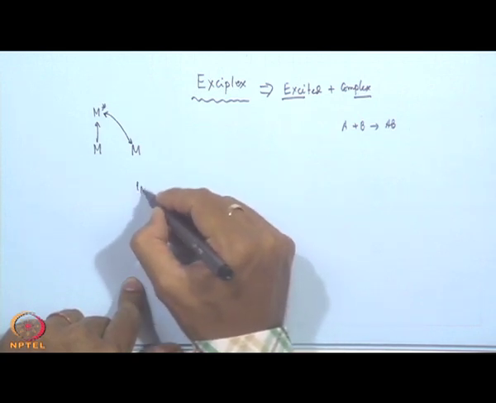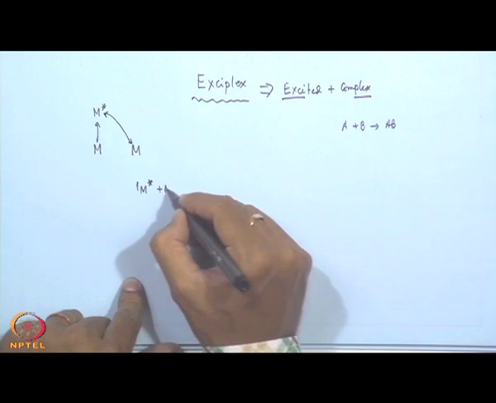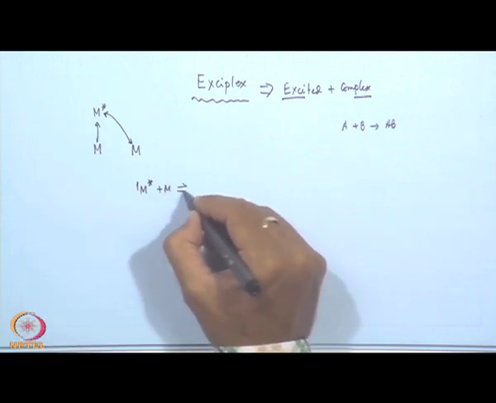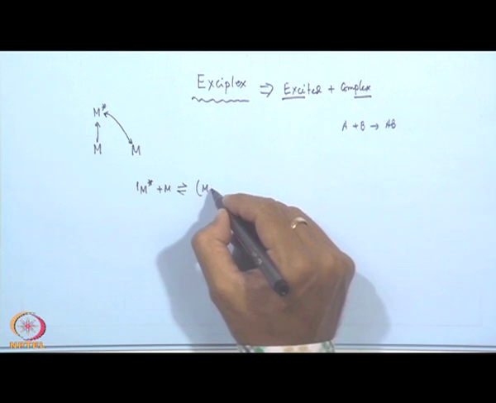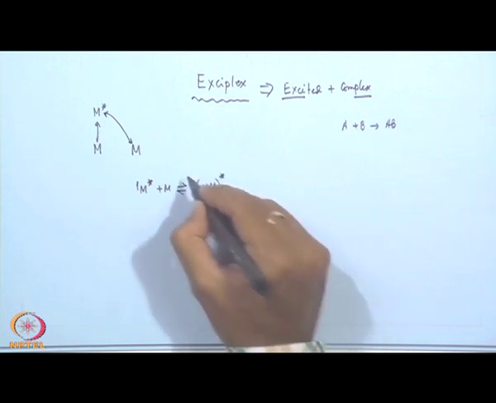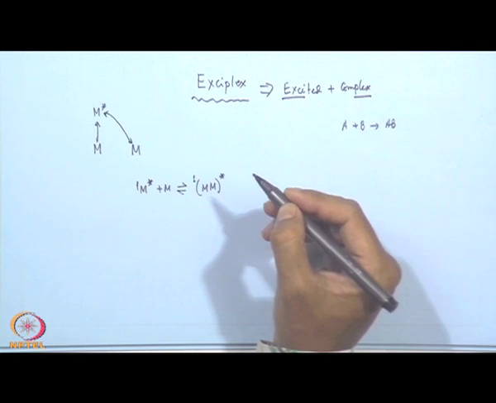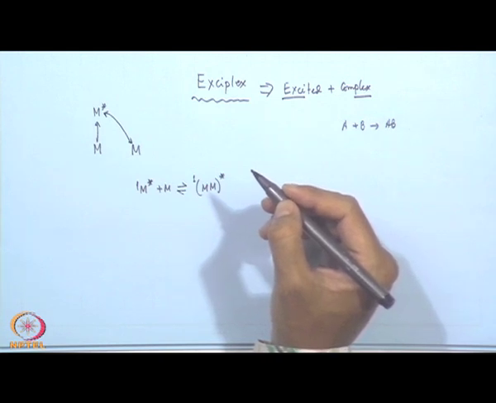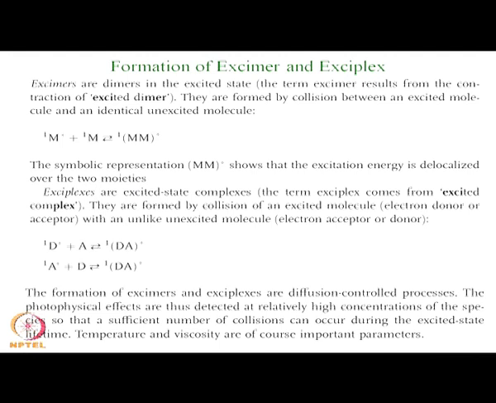So, 1M star plus M, this is in the singlet state, and the excitation energy is delocalized in this M framework. When they are interacting, together these two will form an aggregate, and the excitation energy is delocalized.